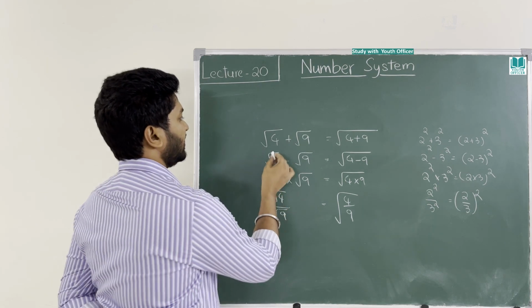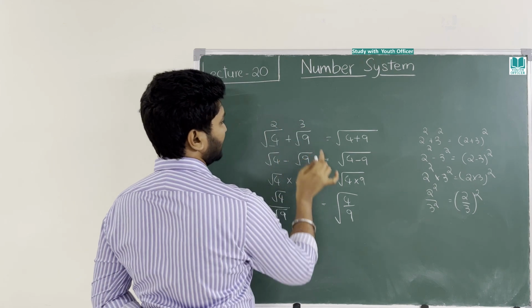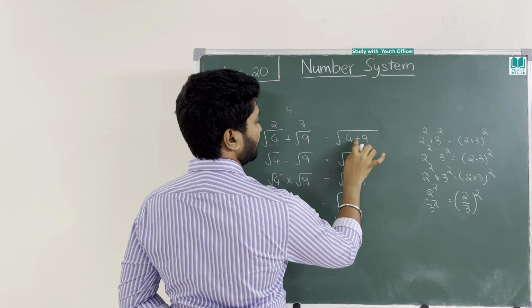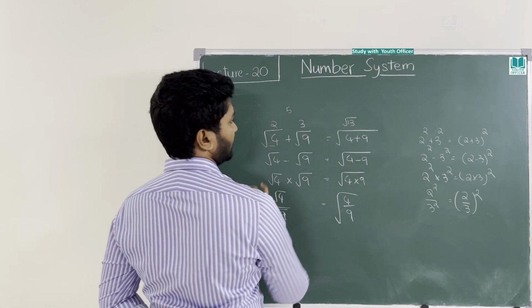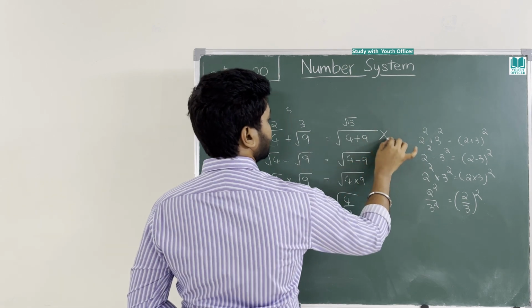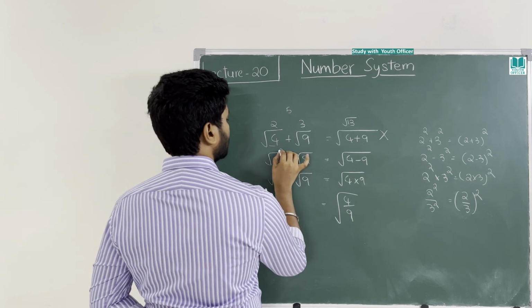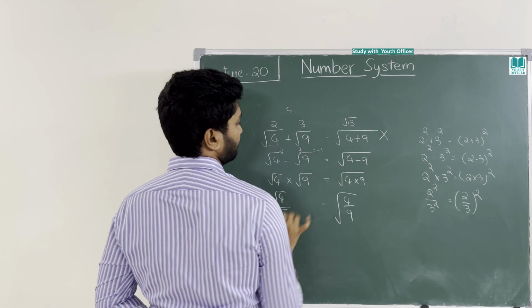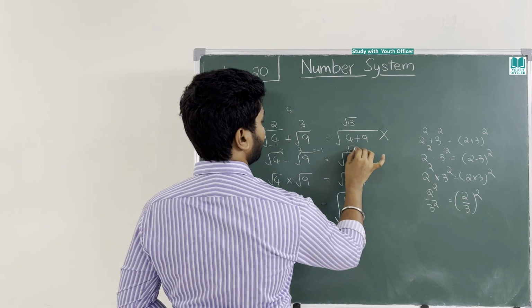Now, if you calculate square root of 4 is 2, square root of 9 is 3, 2 plus 3 is 5, right? If you take square root of 4 plus 9 is 13, square root of 13 is not 5, right? So, you cannot take this case. Similarly, square root of 4 is 2, square root of 9 is 3, 2 minus 3 is minus 1, 4 minus 9 is square root of minus 5.